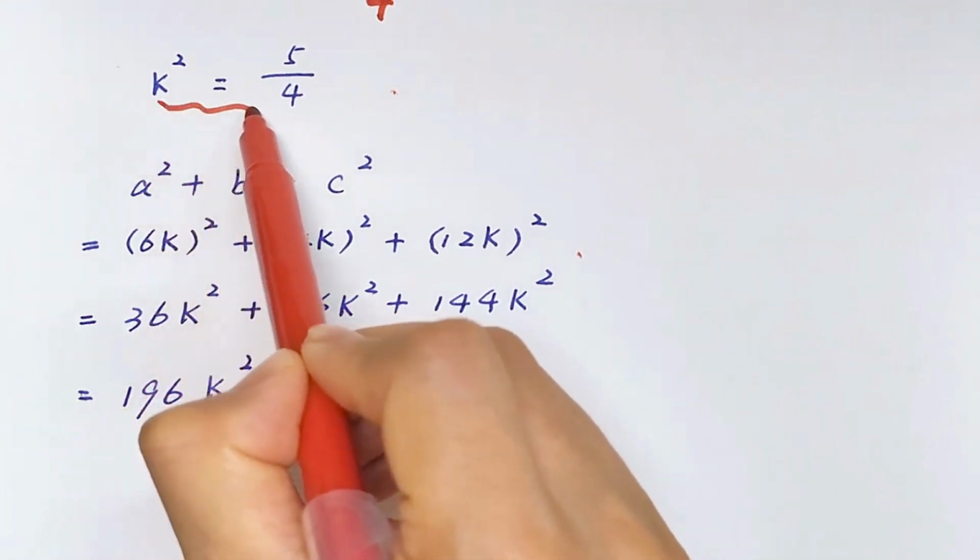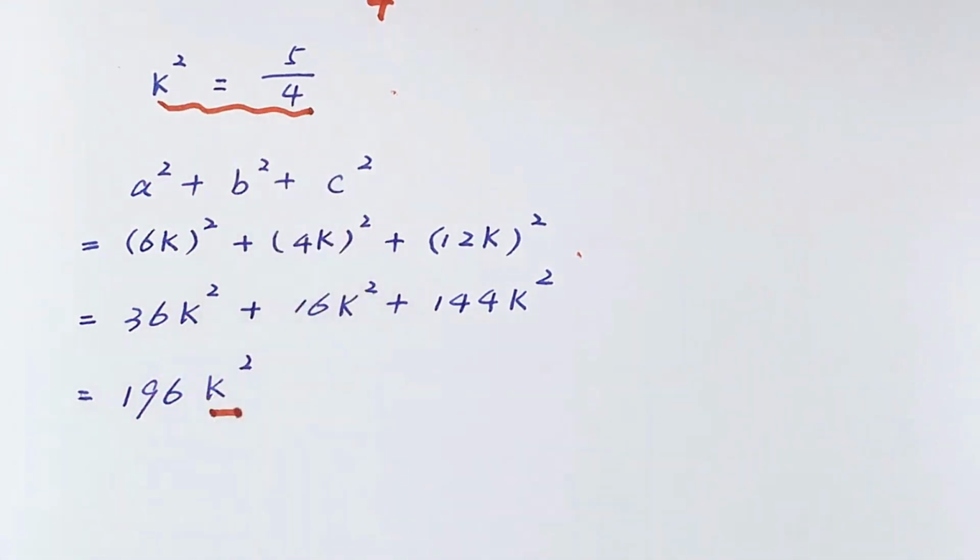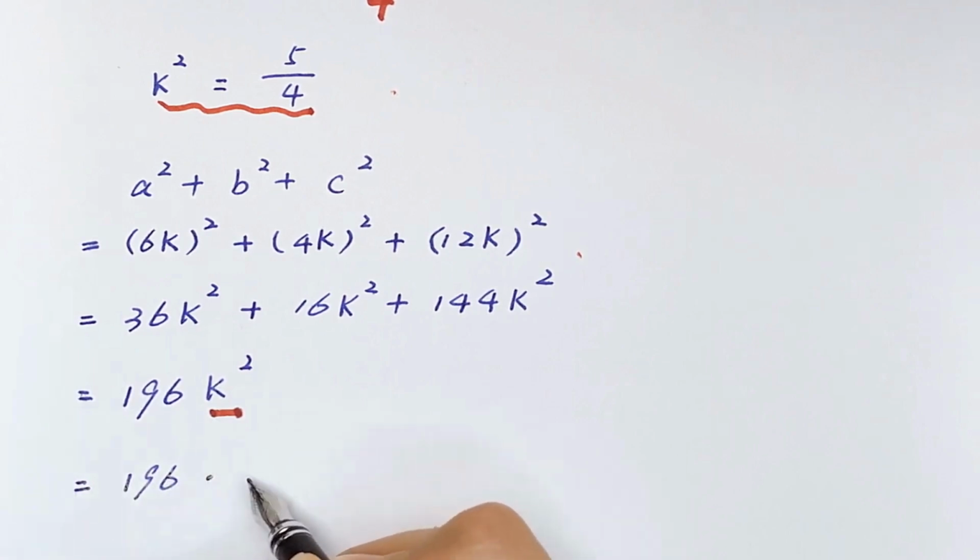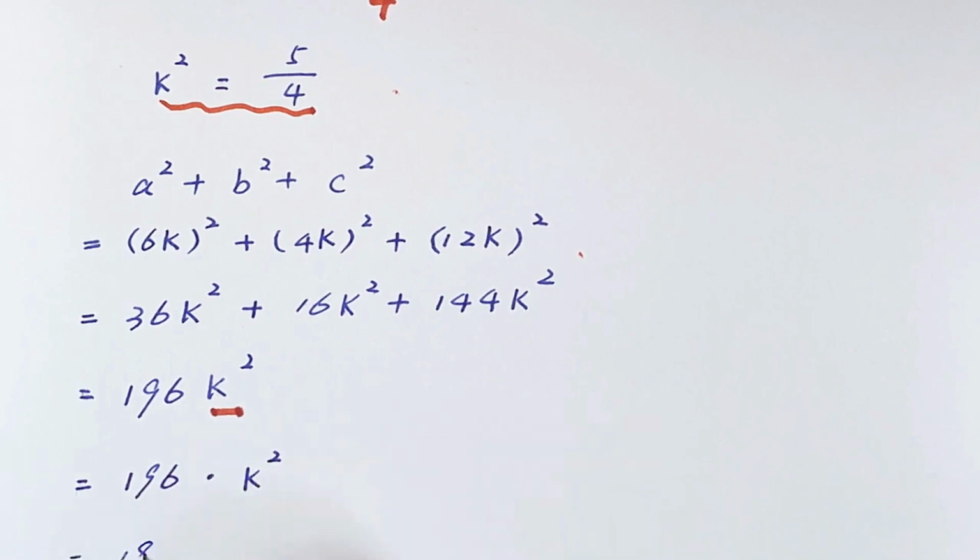Now we know the value for K squared. K squared is equal to 5 over 4. So it will be 196 times K squared is 5 over 4.